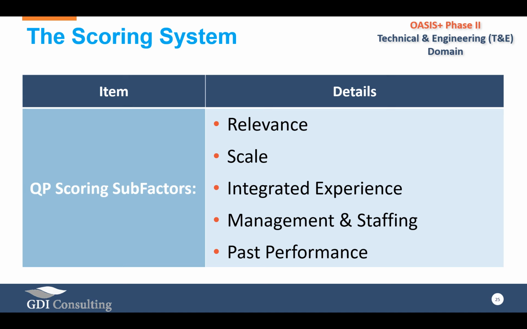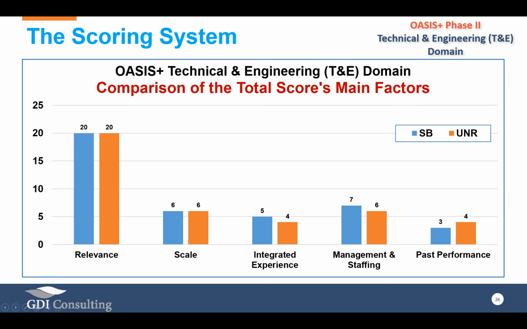So let's start by first viewing their score graphically. You can see that relevance, with 20 points, will give you the highest, although at the end of the day, you will need all of these to make sure that you get above 36 or 42. And from here on, whenever you see blue, it means small business, and orange is unrestricted.